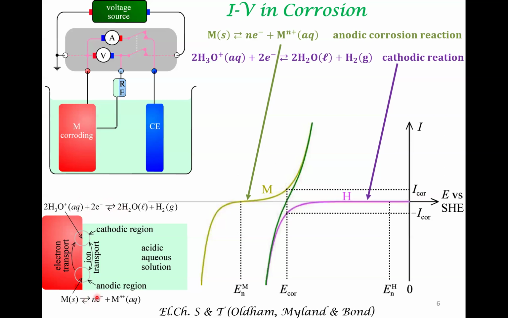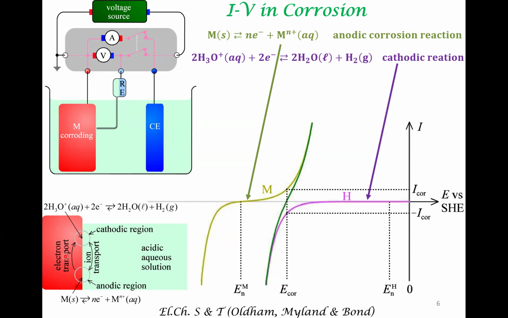In that case, more electrons will be dumped into the metal sample, and the potential of the metal sample will shift so as to make the rate of generation of electrons equal to the rate of consumption via the cathodic reaction. That is, the anodic current should match the cathodic current if the potential of the metal is not going to drift.